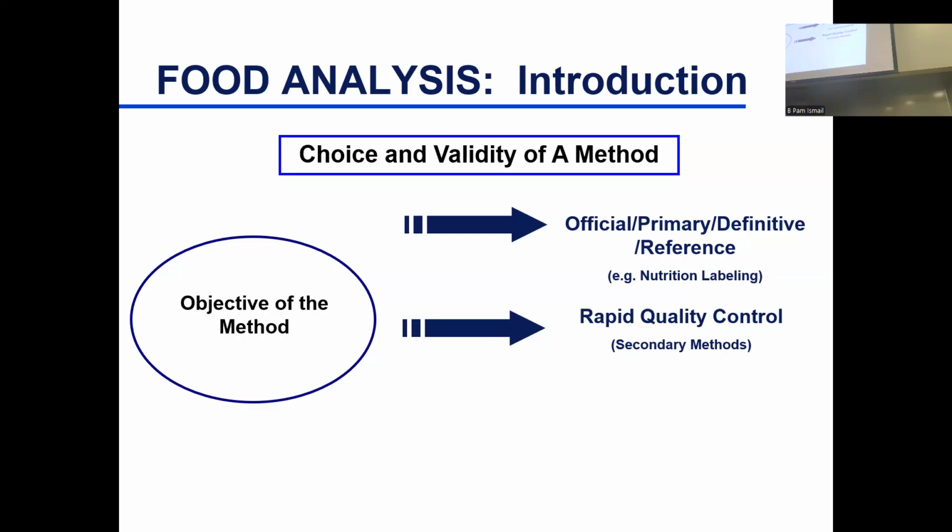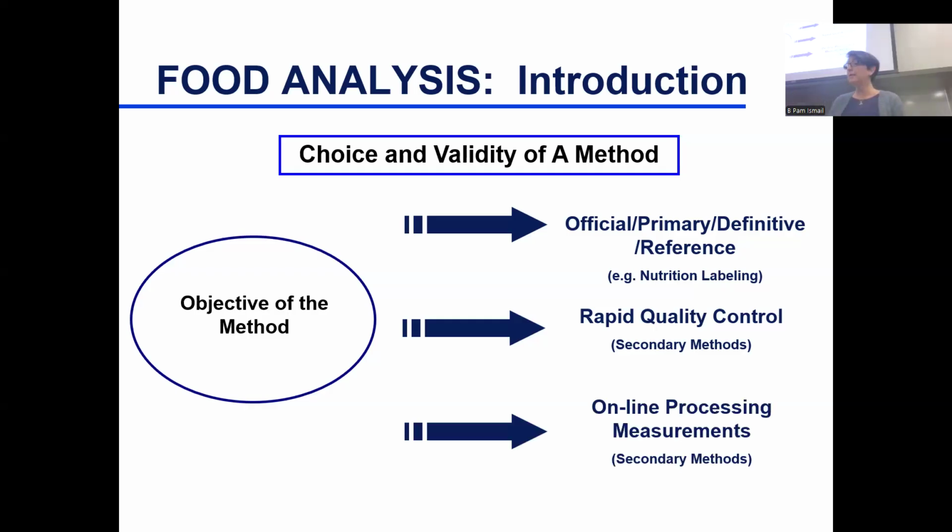So I can quickly do it using NIR or using a moisture balance or what have you. We'll talk about a lot of different methods that are called secondary methods of analysis. They have been calibrated using primary methods of analysis. Okay, rapid, quick, not official, and needs to be calibrated.